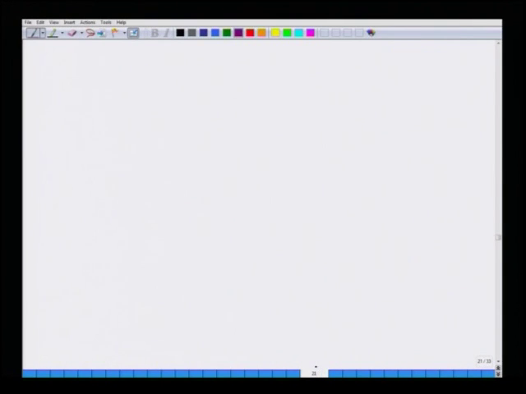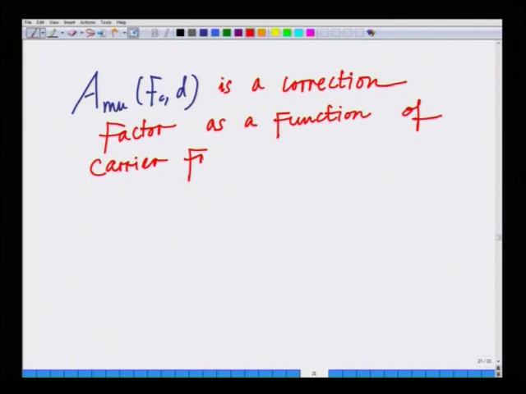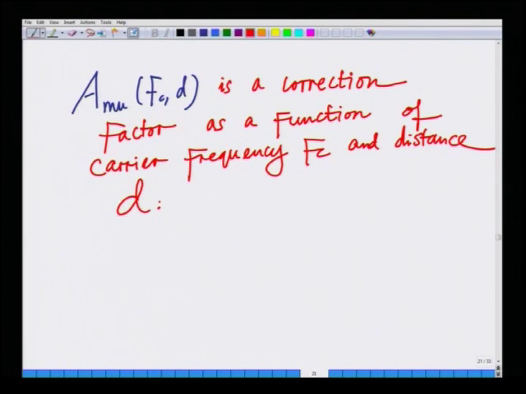And the other components, which are A mu FC comma D, which depend on the carrier frequency, this is essentially a correction factor as a function of carrier frequency FC and distance D, and these have been tabulated.